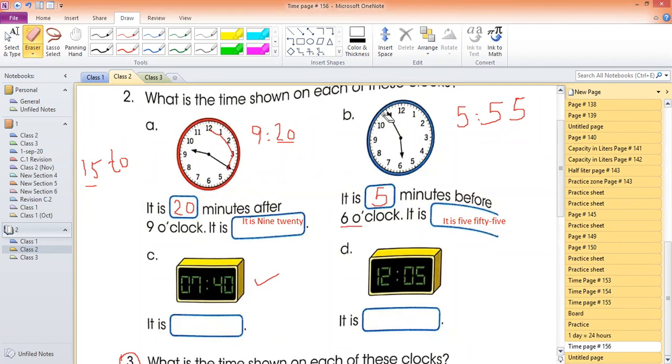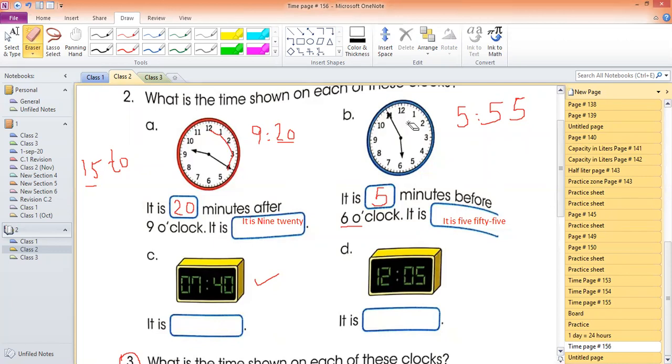Look, it is at 11. If you count in fives from 12 up to here, it will take too much time. So it's better to just take from 11 to 12, 5 minutes, and you say 5 minutes are left for 6 o'clock. So you will say it is 5 to 6. That means 5 minutes are left for 6 o'clock.